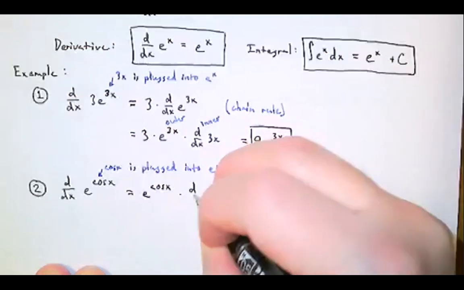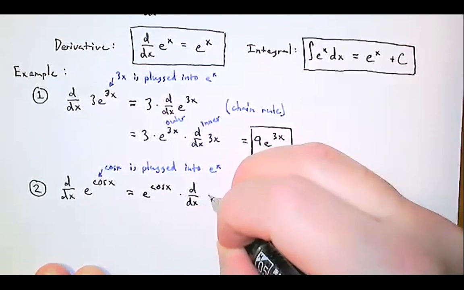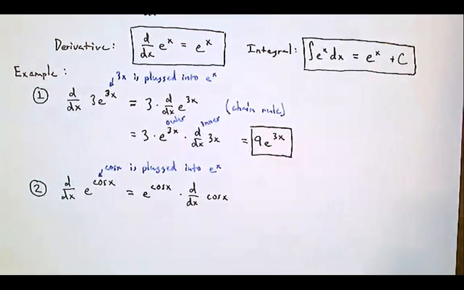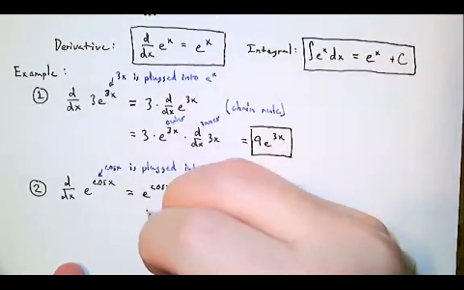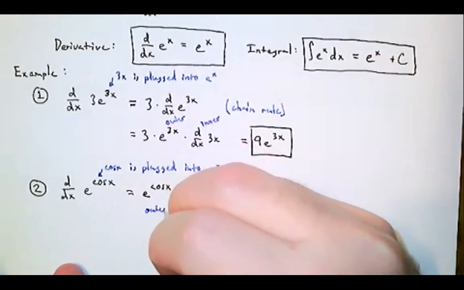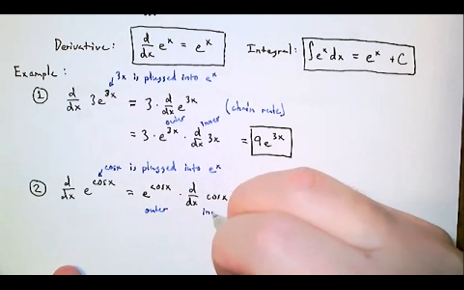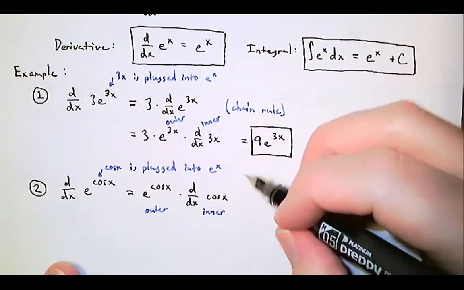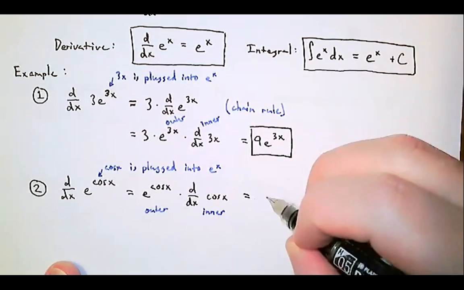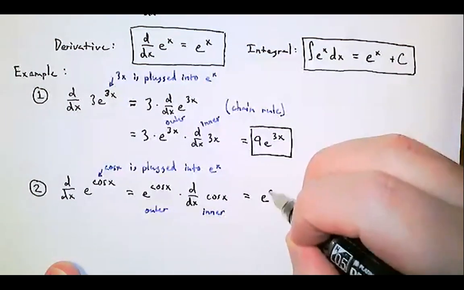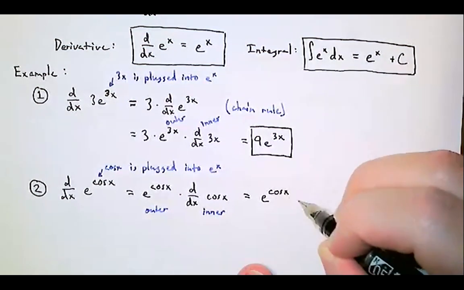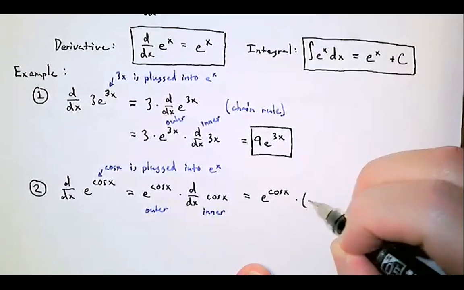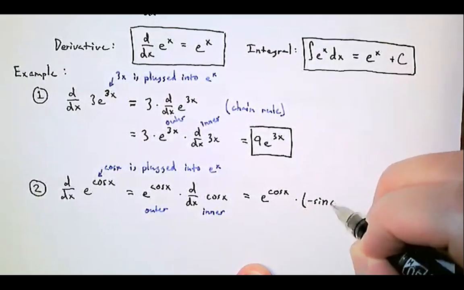And then we need the inner derivative of cosine. What's the derivative of cosine? Negative sine. Negative sine, good. So we have e to the cosine x times negative sine x.